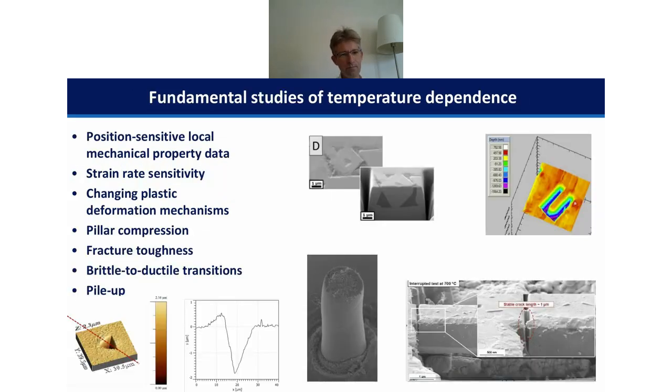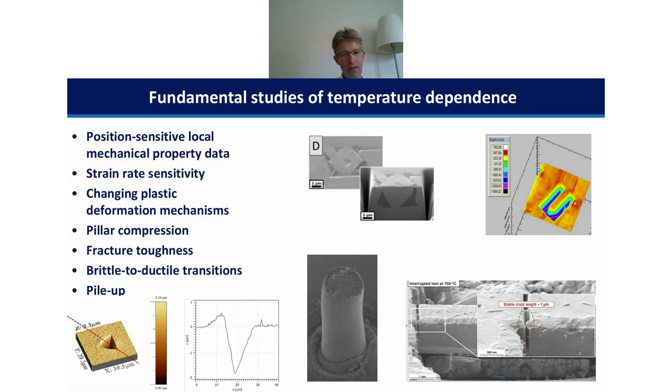So when you do these measurements with a nano-indentation system, it gives you lots of opportunities to really study material properties in detail. You have the ability to get precision, sensitive, local mechanical property data as a function of temperature. If you look in the middle of the slide at the top, you can see an indent placed in a cemented carbide grain right in the center there, and you can see a focused ion beam mill of that to confirm the grain structure underneath that indent.